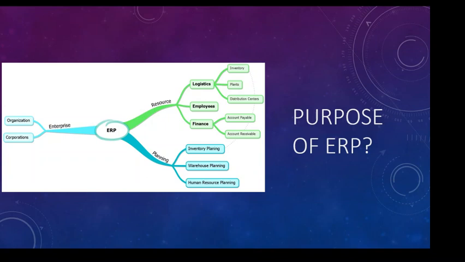So this video is about end users. It is important to understand that in an enterprise we have an organization, a corporation, and we have resources and the planning. We are doing planning for this. So for example, logistics end users will belong to plants, they belong to distribution channels, different activities they are doing on the logistics side. Employees in finance might have different activities.